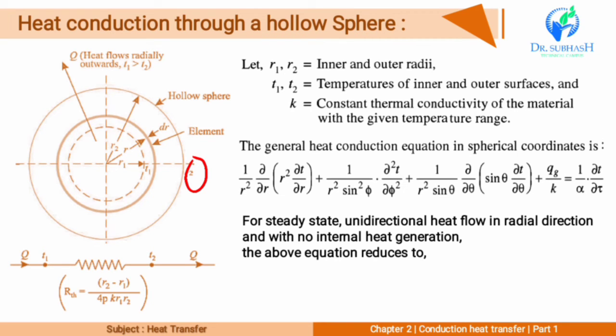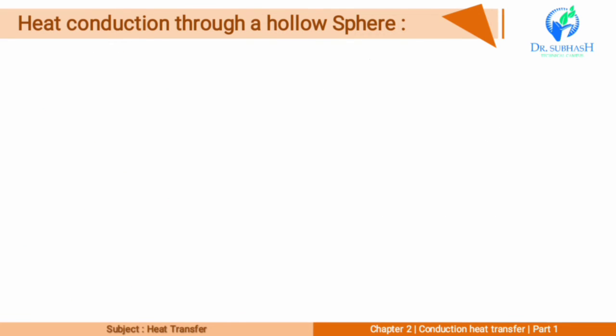For steady state unidirectional heat flow in the radial direction and with no internal heat generation, the above equation reduces to 1 upon r square d/dr of r square into dT by dr is equal to 0. Say equation number 1.